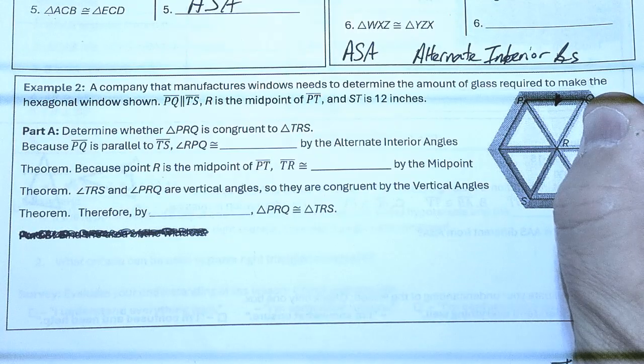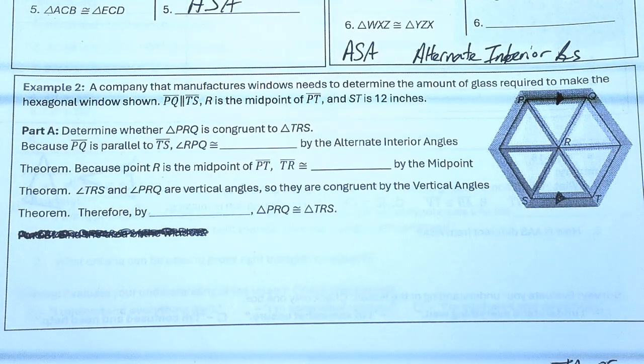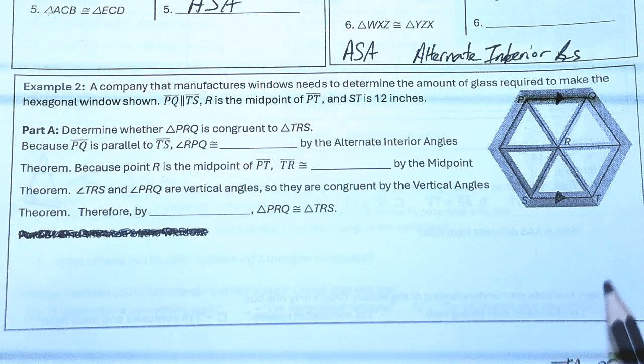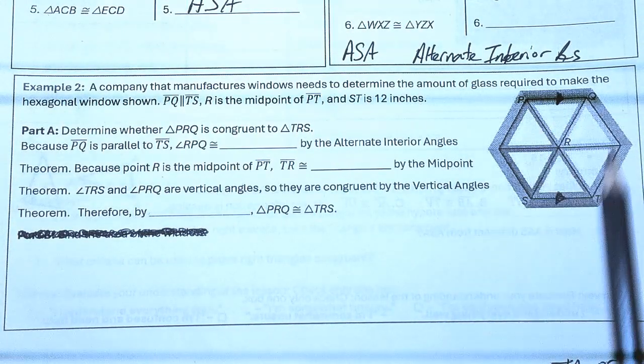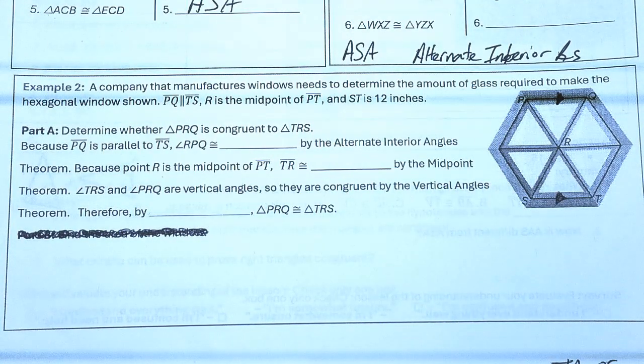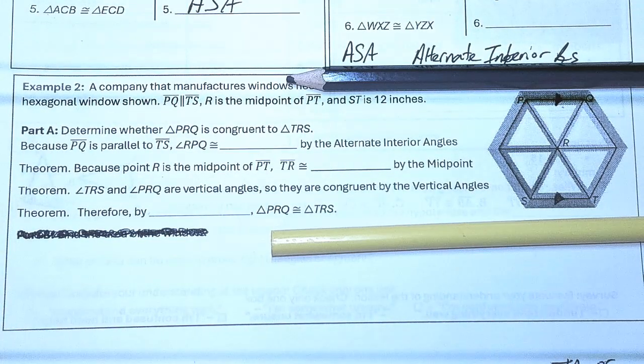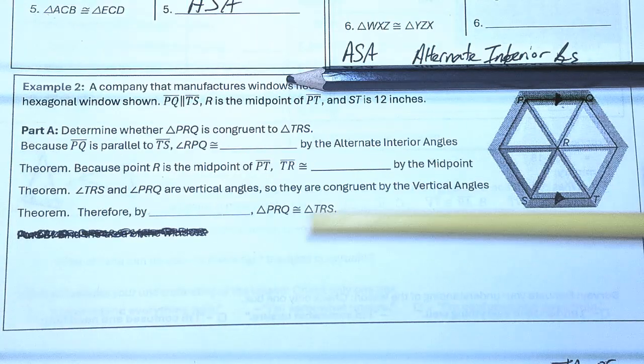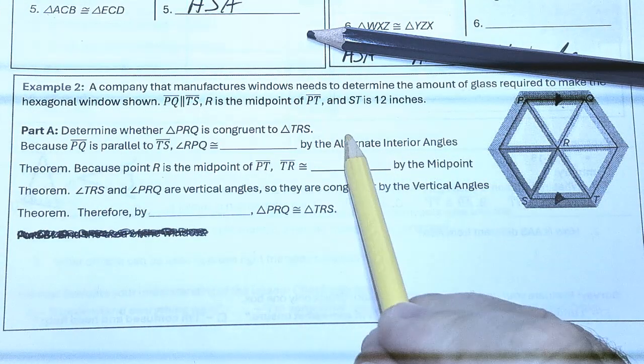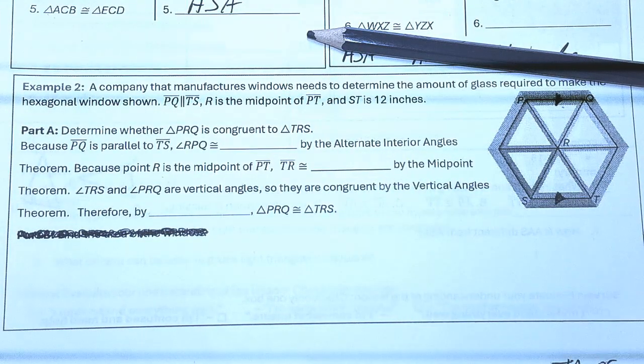Remember back to module 3, I think it was, maybe it was 2, but we talked about parallel lines and a transversal and all those angles. So these are your parallel lines. Notice the triangles are both inside those parallel lines, so we're going to be dealing with maybe some alternate interior angles in between there.